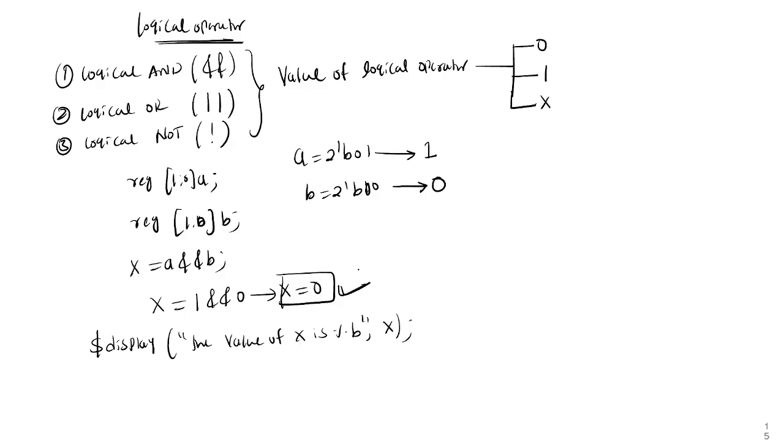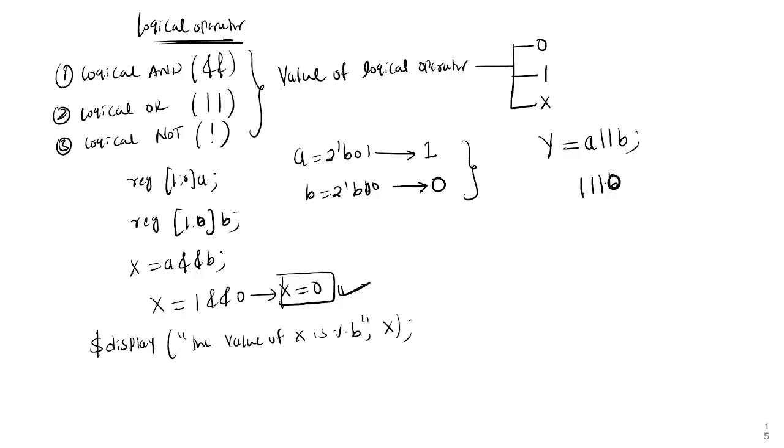Similarly, with the same values, suppose y equal to a logical OR of b. That means 1 logical OR of 0.